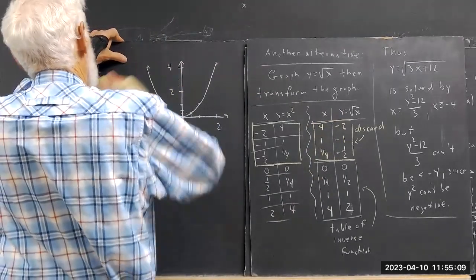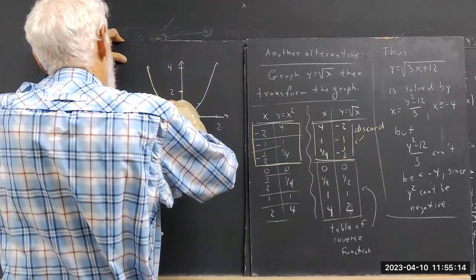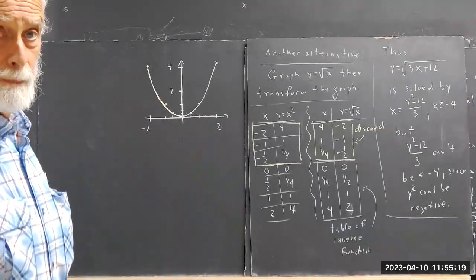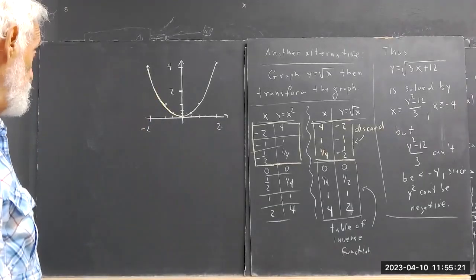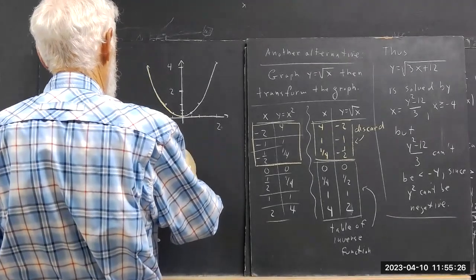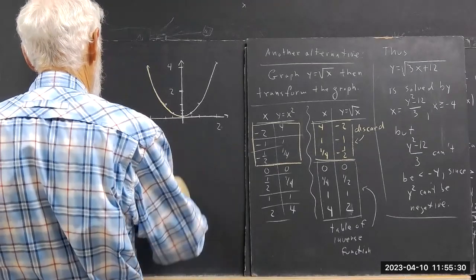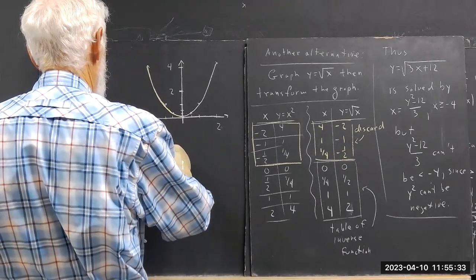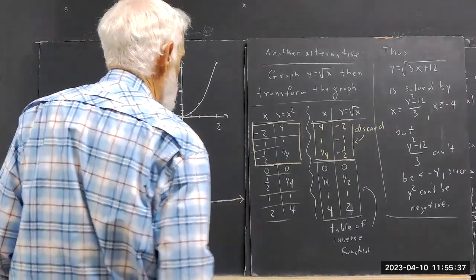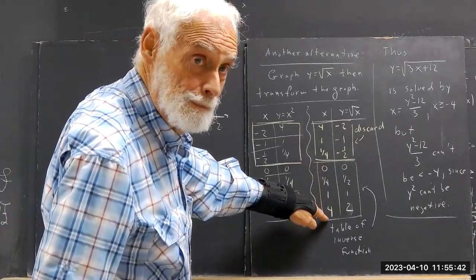And I'm going to make this half of the curve yellow. So now I'm going to draw the graph of the square root function.